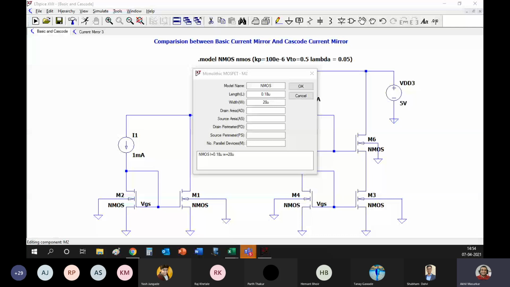Okay, Pragati. Harsh, yes. Please ensure that you are putting the .op command in the simulation itself. .op command.